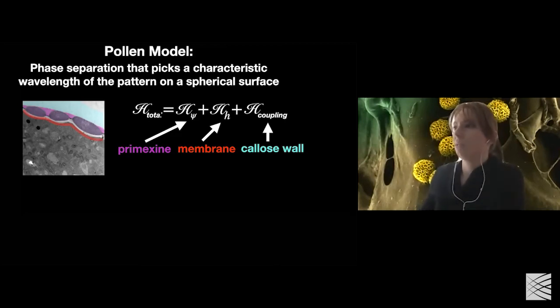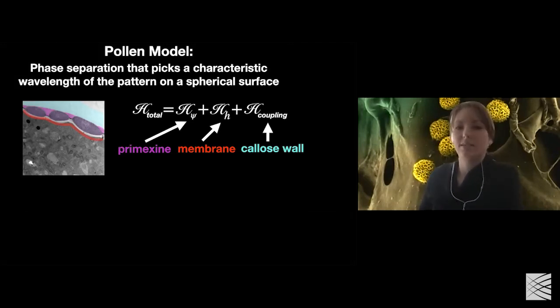And essentially you can model that by just writing down the energy for each of the different components. So before I go into the details of it, I want to give an intuition of why in the world you get patterns instead of just a full phase separation.